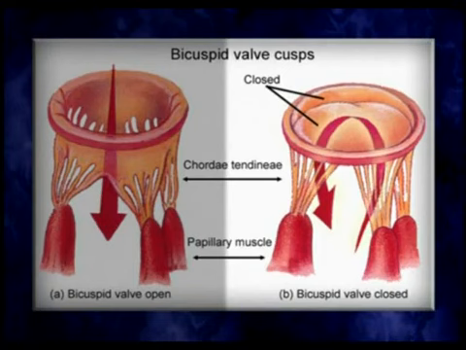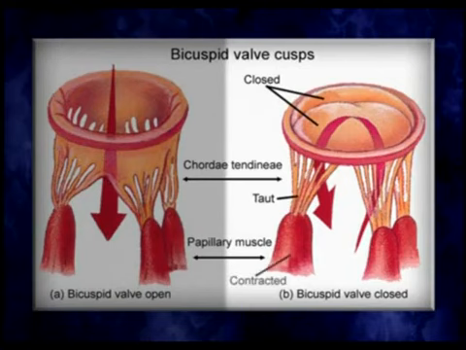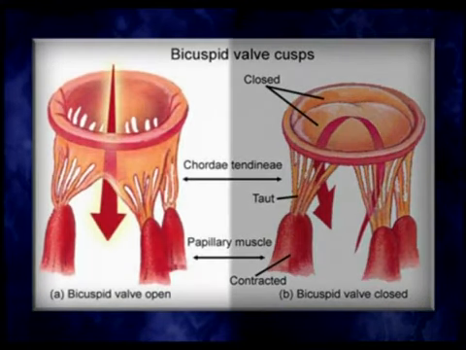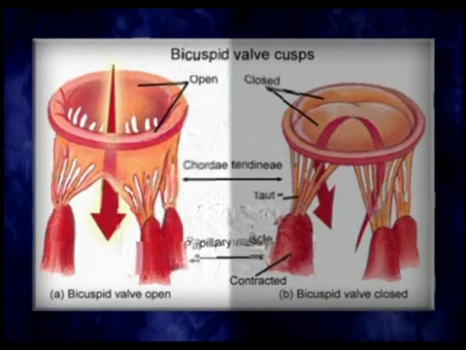Here's your thin-walled right side ventricle. Here's your thicker-walled left side. Here's the septum in the middle. This is called the intraventricular septum, and it separates the two sides. Here's the outflow.